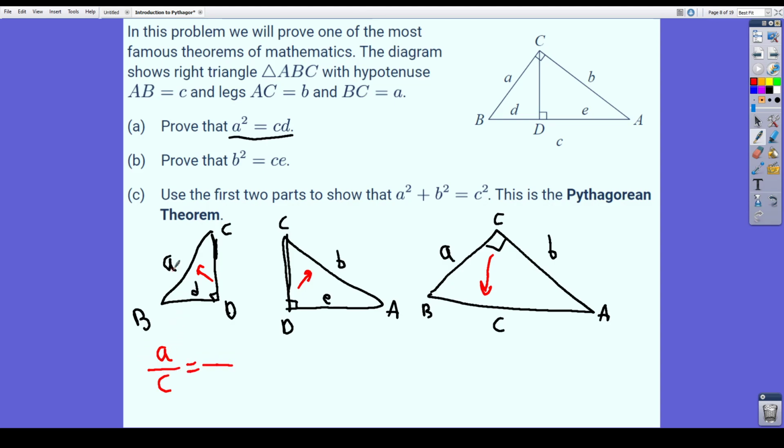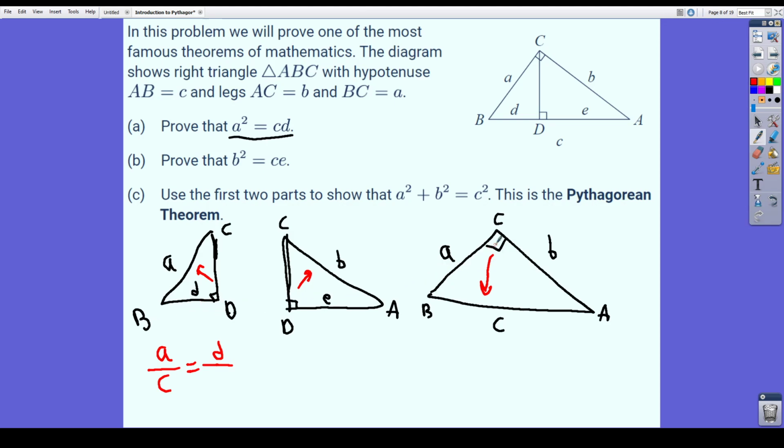Now, what other length can I work with in triangle BCD? Well, that lowercase d that represents BD is our only other choice. So I'm going to put lowercase d. And which side would that match up with? Well, the lowercase d you could imagine as the smaller side of the triangle.